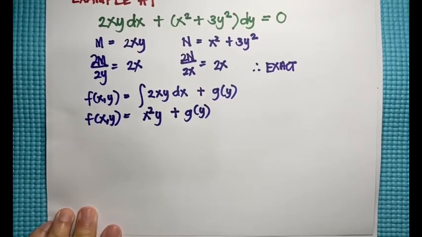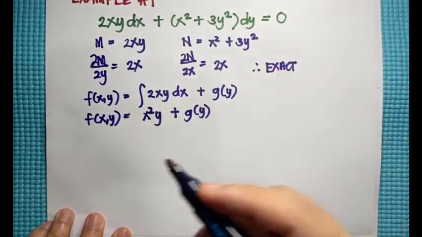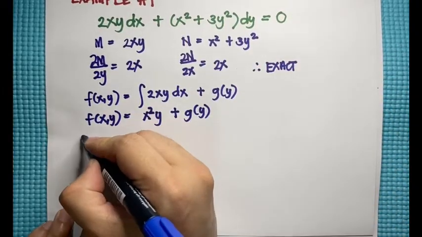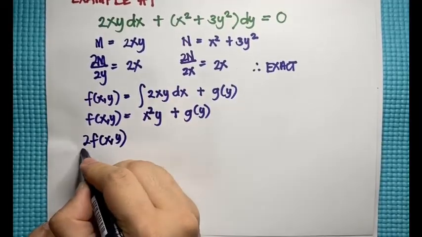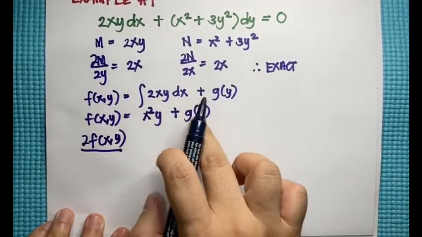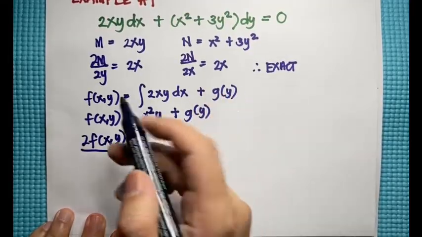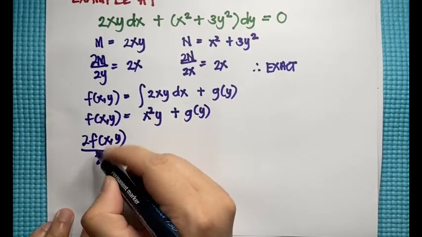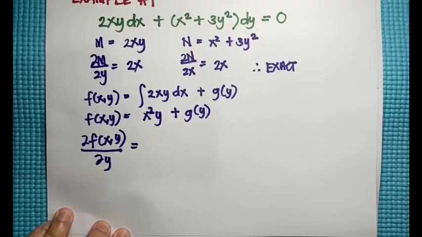So that is our second step, which is to integrate. Now that we have this, we are going to proceed with the next step, and that is the partial differentiation. Since we integrated with respect to x, this time we're going to partially derive the given function. Since this is g of y, we are going to partially differentiate it with respect to y.